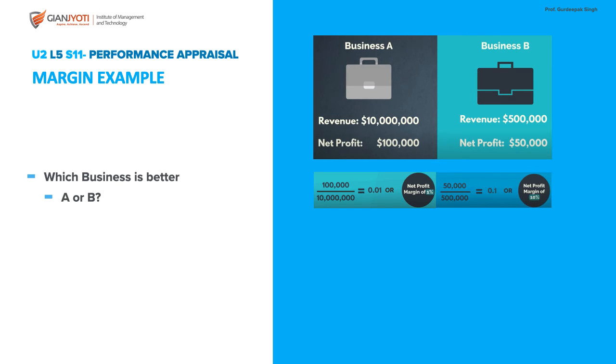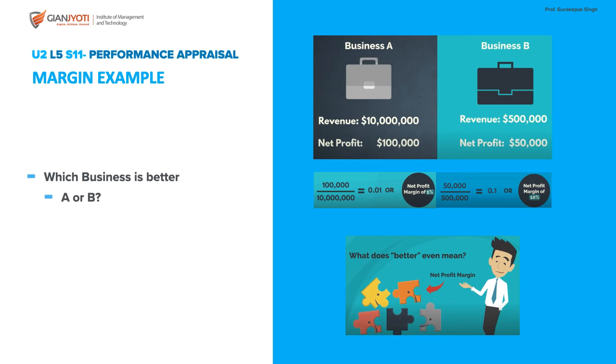If I talk of business B, it is 50,000 divided by 500,000, which is 10% net profit margin. My question is, which business is better, A or B? So now we need to understand what "better" means here.